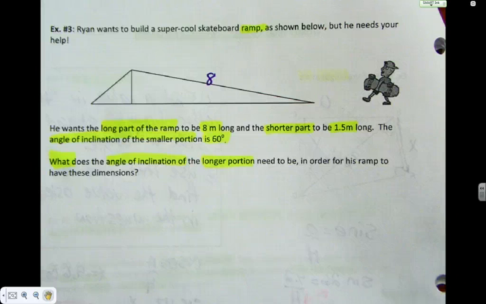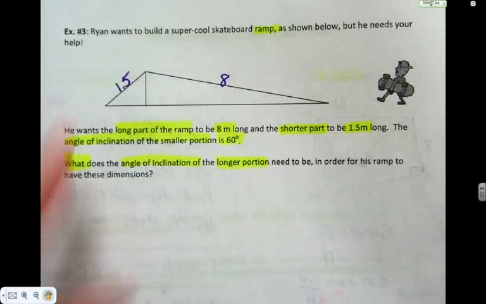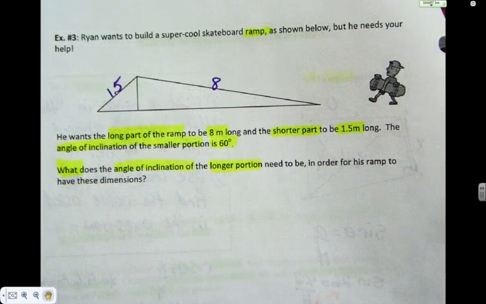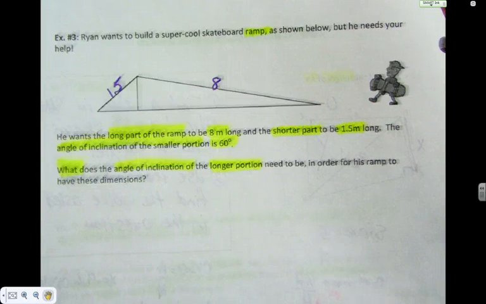Where would you like the 1.5 to go? The shorter part. How do I know that it's the diagonal line or the hypotenuse and not the bottom? Same as before, of the ramp. Okay, it doesn't say bottom, base, or horizontal distance.